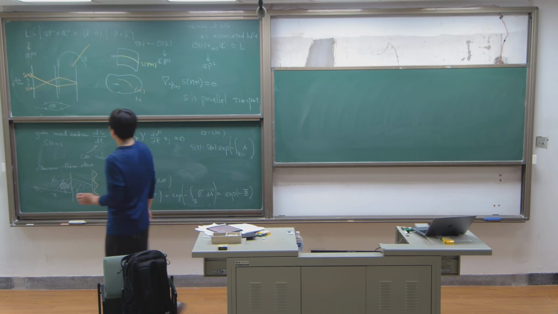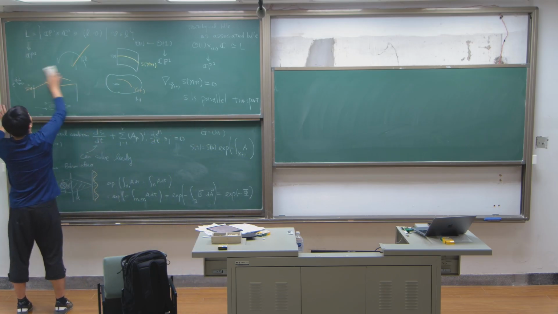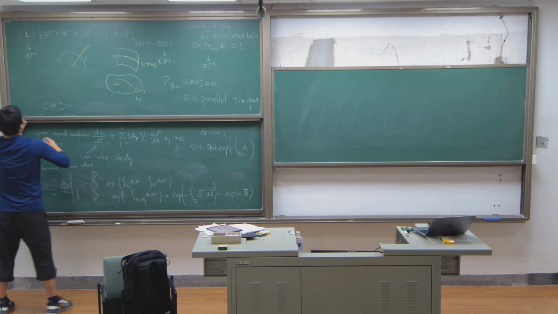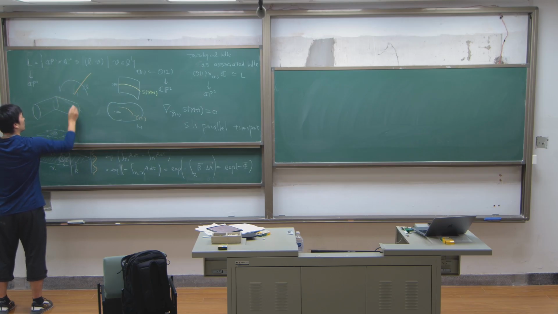Sorry, I think this is not the right way to draw the picture. I think the right way to draw the picture is as follows. You have a U1 bundle, U1 circle, and you have maybe like this one.